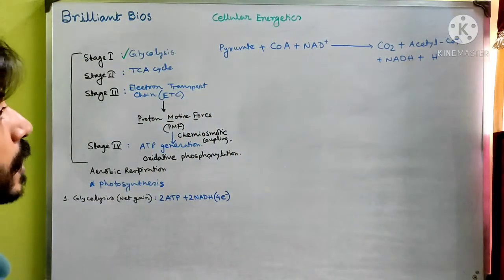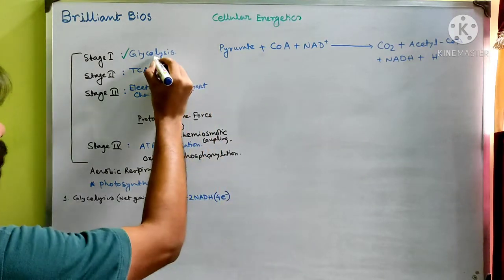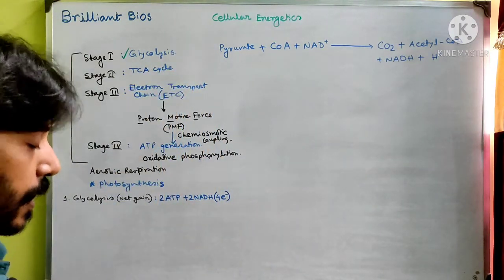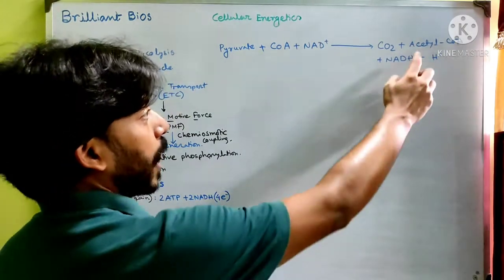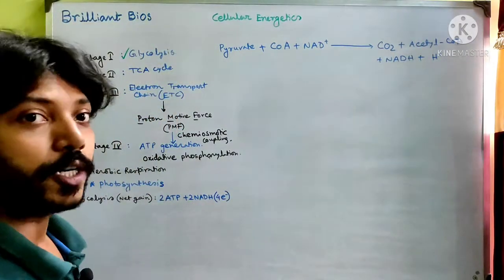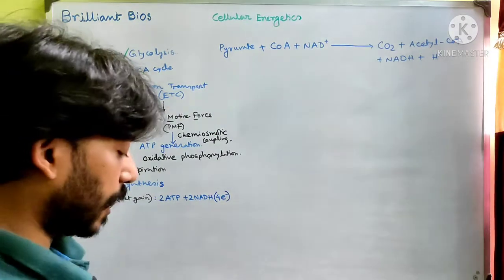So this is the intermediate step between glycolysis and the TCA cycle. The pyruvic acid or pyruvate is transformed into acetyl-CoA. So how this reaction occurs, we will learn in this class.